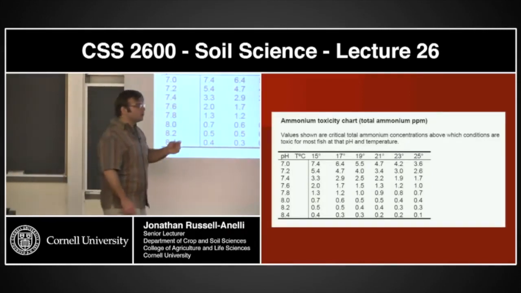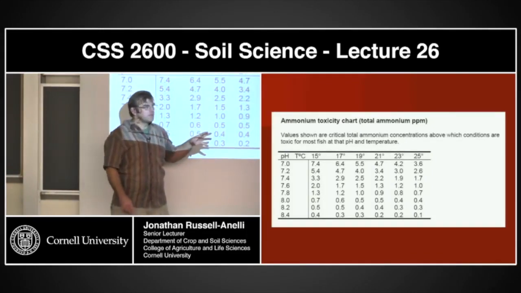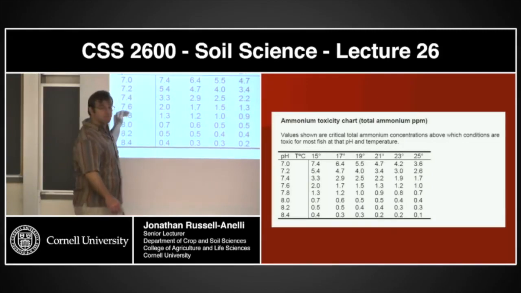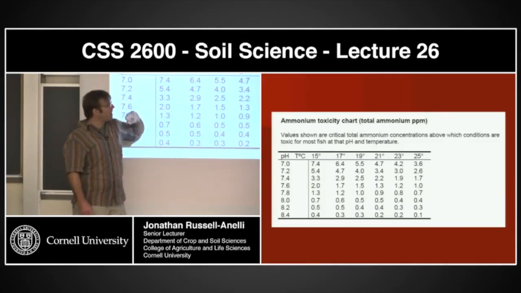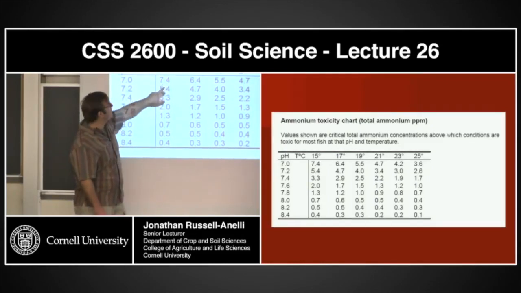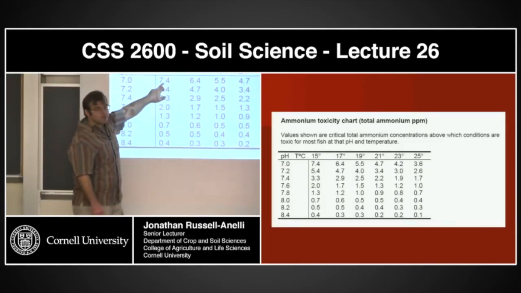So if this is my ppm at pH of 7, this is parts per million ammonium, at 15 degrees Celsius and 7, if I have a ppm of 7.4 or greater, I'm going to have a toxic response in my fish. Does that make sense?